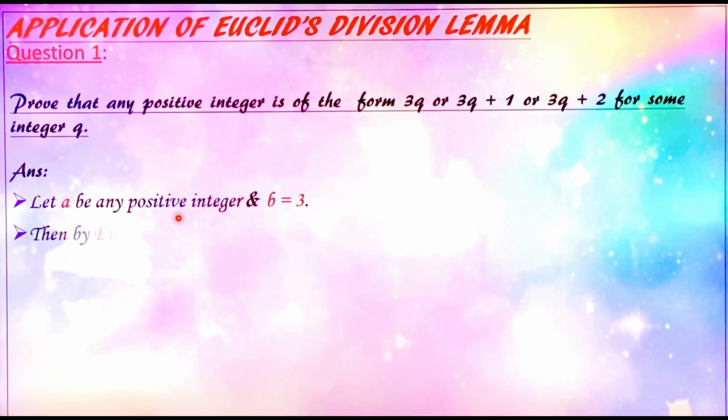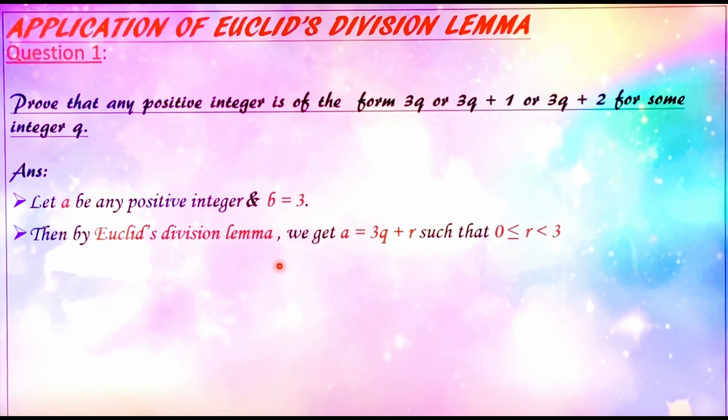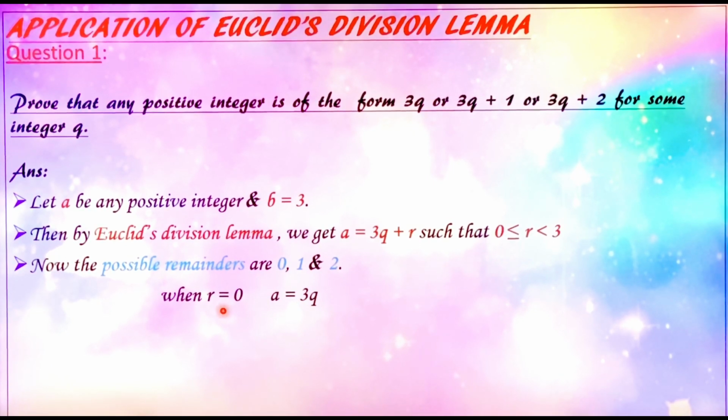Then, by Euclid's division lemma, we get a is equal to 3q plus r such that 0 less than or equal to r less than 3. Now, the possible remainders are 0, 1 and 2. When r equals 0, we get a is equal to 3q.